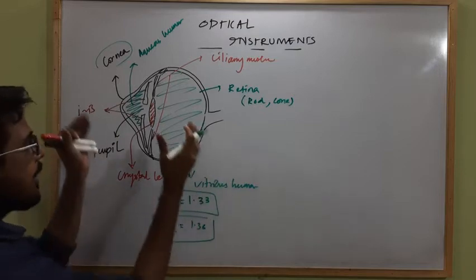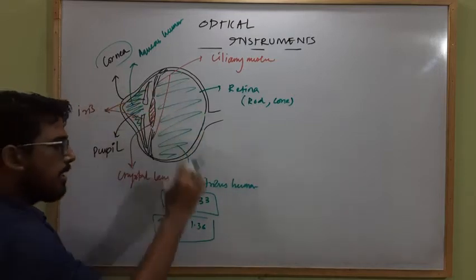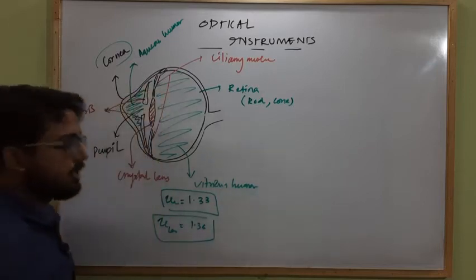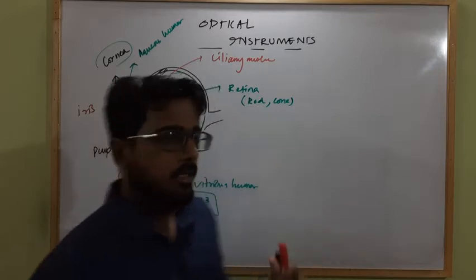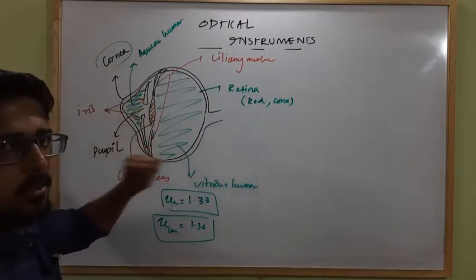Clear? The liquids, the lens and the cornea all work together as an equivalent lens, which we generally call the eye lens. So in further study we will only study the eye lens. What is the eye lens?